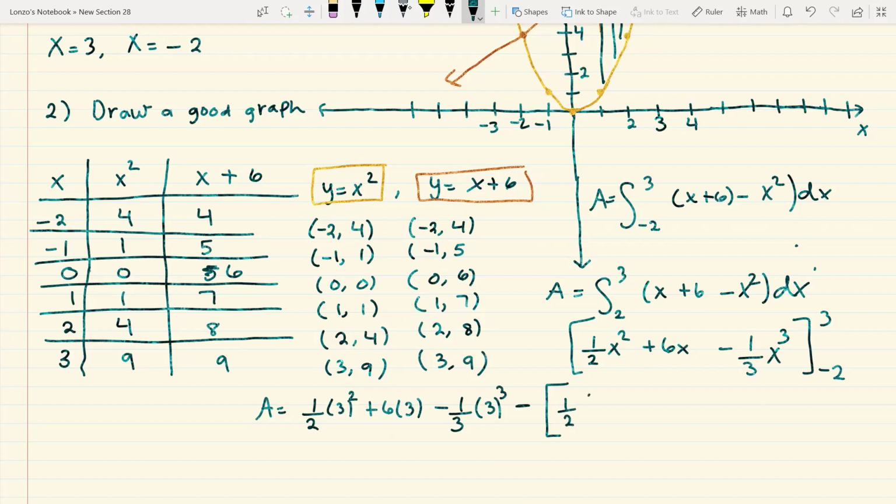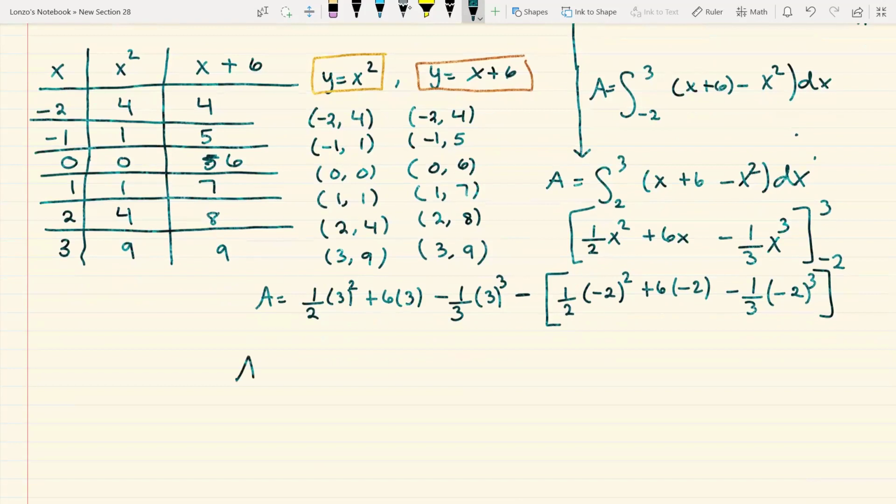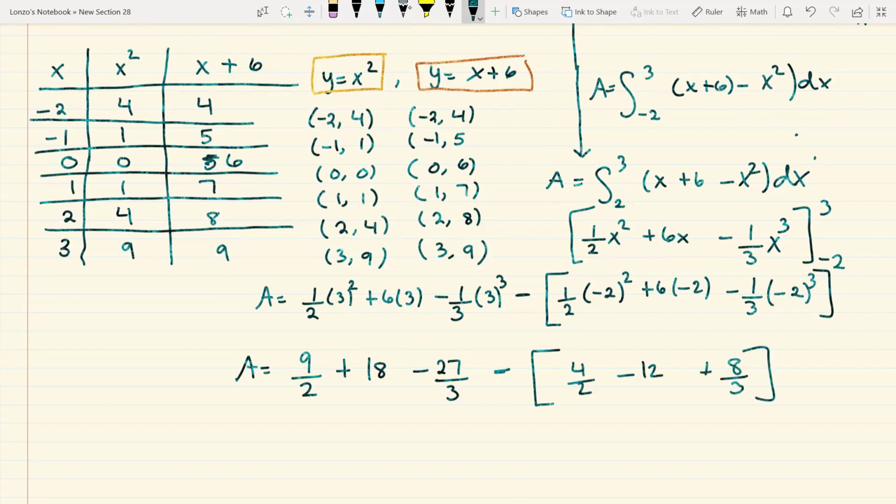and then do the lower boundary. Let's clean this up. 3 squared is 9 times 1/2 is 9/2. 6 times 3 is 18. 3 to the third is 27 times -1/3 is -27/3. Minus the bracket: -2 squared is 4, over 2. 6 times -2 is -12. -2 cubed is -8 times -1/3 is +8/3. Can we simplify any of these?